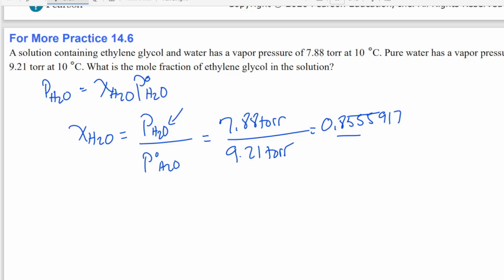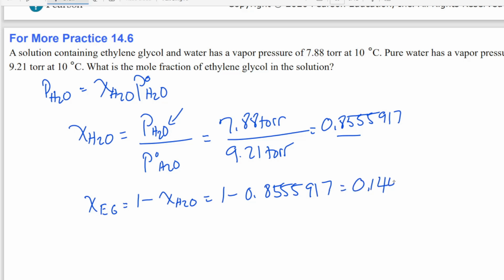So the rest of it had to have been due to the ethylene glycol. So the mole fraction for the ethylene glycol is equal to 1 minus the mole fraction for the water, which is equal to 1 minus 0.8555917. Alright, and so that's equal to 0.144.